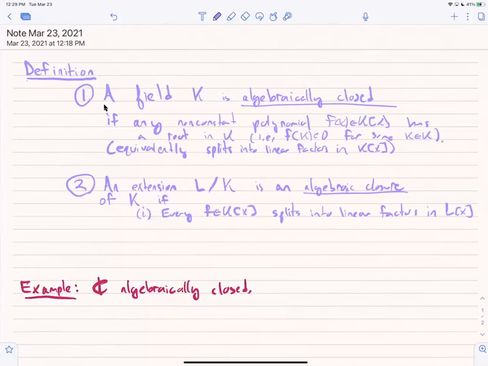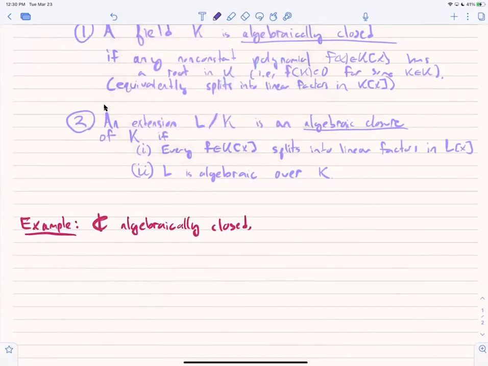So another way of saying that is just f has the same number of roots as its degree, when you count them with multiplicity in L. Two, L is algebraic over K. So this second condition is some sort of minimality condition. Okay, so good.